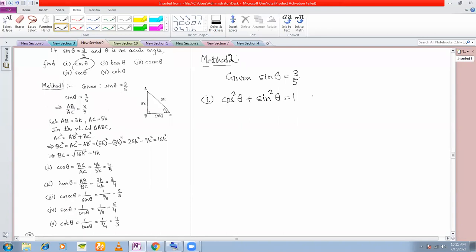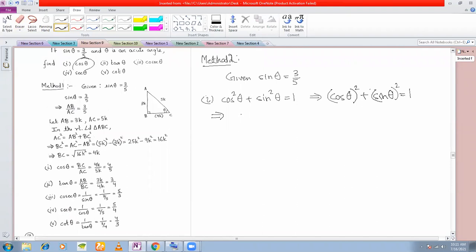You know this, right? So you put the value here. Cos square theta can be written as cos theta whole square. Sine square theta can be written as sine theta whole square is equal to 1.